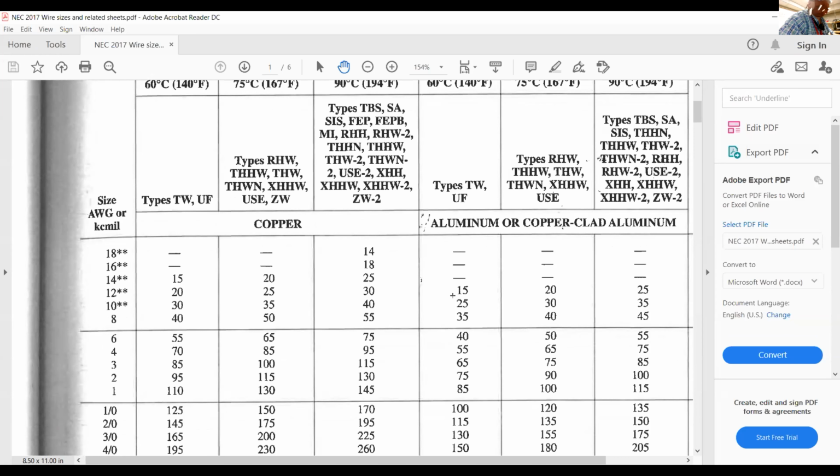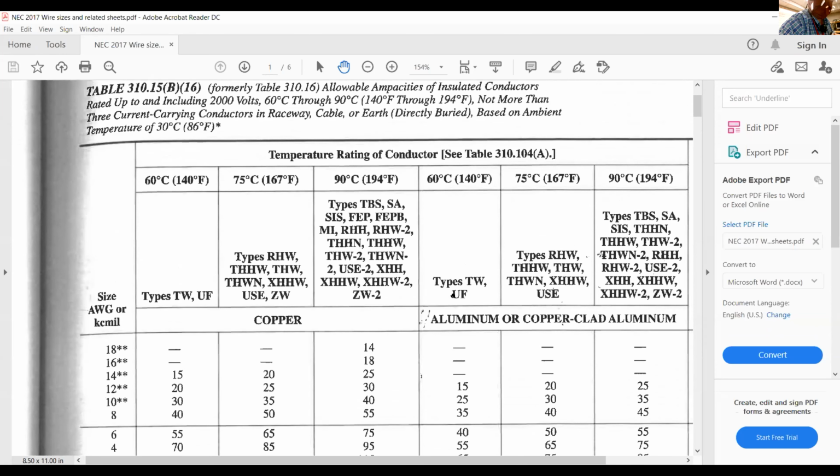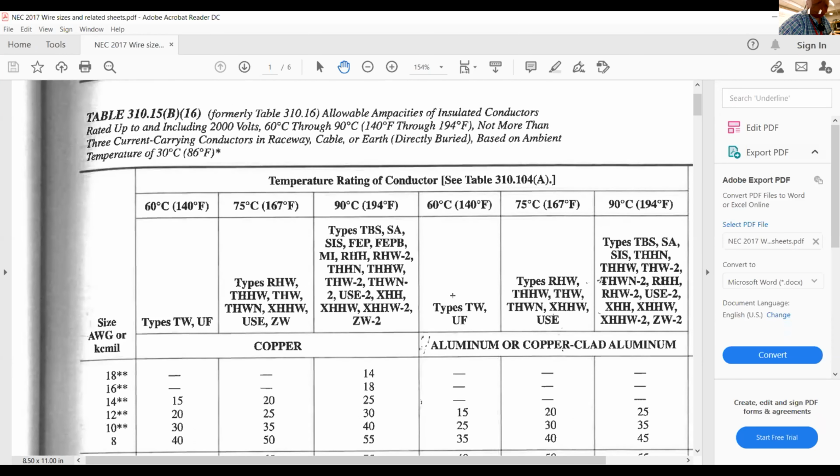Look closely here. What does it say up here? The allowable ampacity or amp rating of insulated conductors rated up to 2,000 volts and between this temperature range. Listen, not more than 3 current carriers, wires, not more than 3 in a raceway, a cable, or directly buried, which means this.